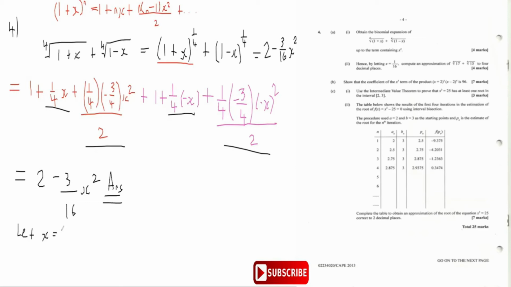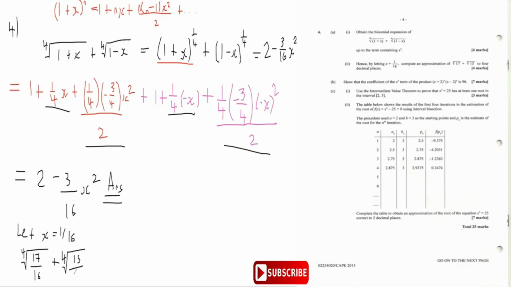Then on the left-hand side, we're going to be finding the square root of 1 plus 1 over 16. 1 plus 1 over 16 is 17 over 16. Plus the square root of 1 minus 1 over 16, which is 15 over 16.